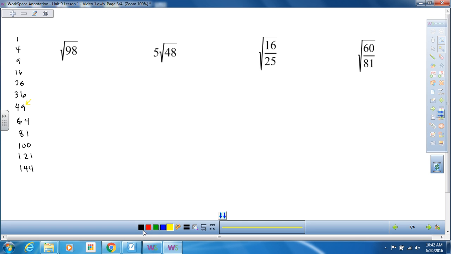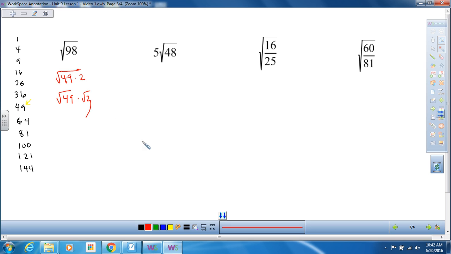So I'm going to rewrite 98 as the square root of 49 times 2, because when we divided, we got 2. So 49 times 2 equals 98. Okay, then separate.